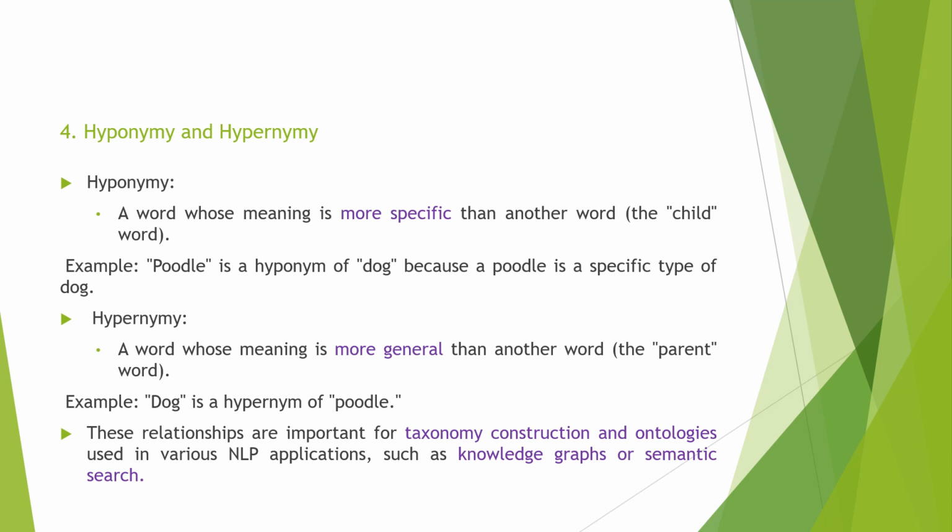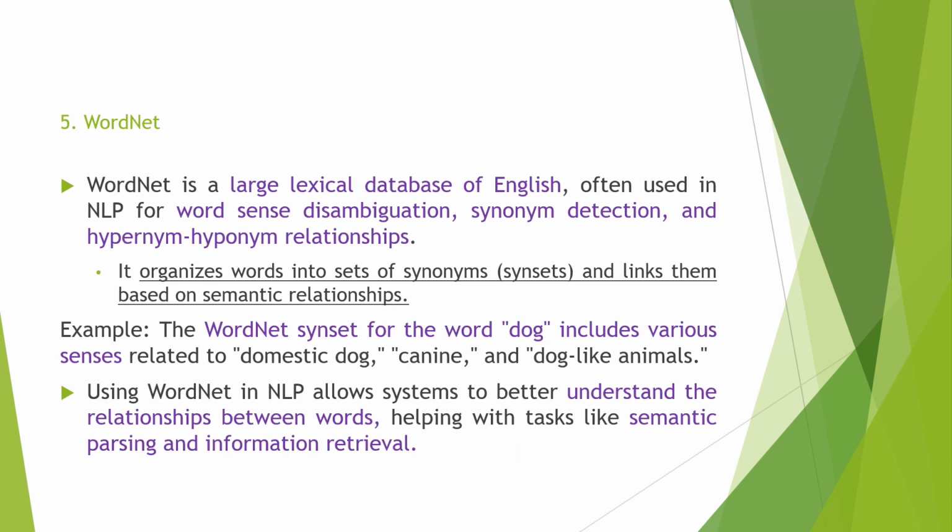To deal with this problem, we consider a word whose meaning is more general than another word. For example, dog is a hypernym of poodle. So these relations are analyzed for generating taxonomies and constructing ontologies in NLP tasks. We can also generate knowledge graphs. We can enable the machine to perform semantic searching in a network.